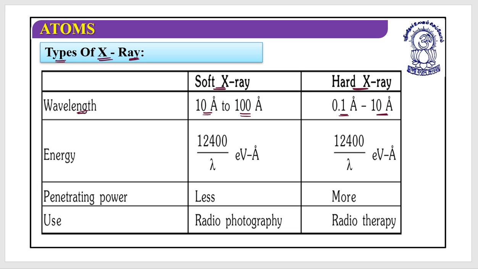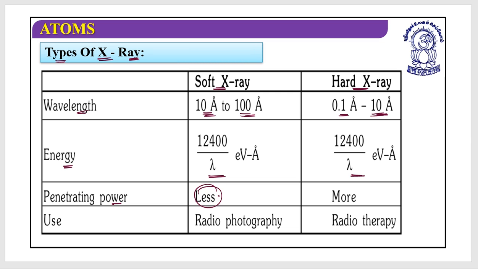That is the wavelength. When I'm talking about the energies, the energy of X-rays is 12,400 divided by lambda, which we have already discussed. Soft X-rays have a higher wavelength, which means their frequency would be lesser, and as the frequency is lesser, they have less penetrating power.